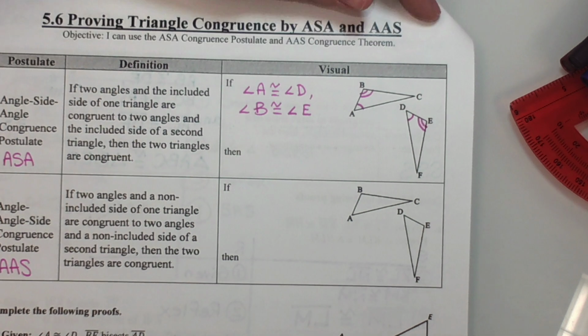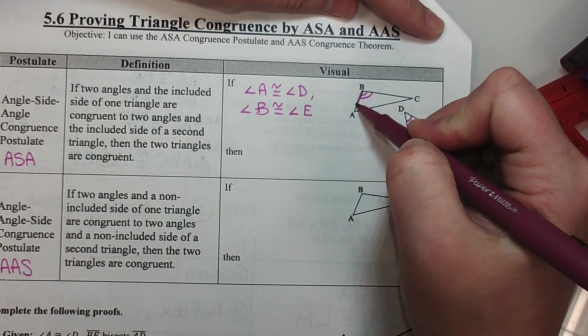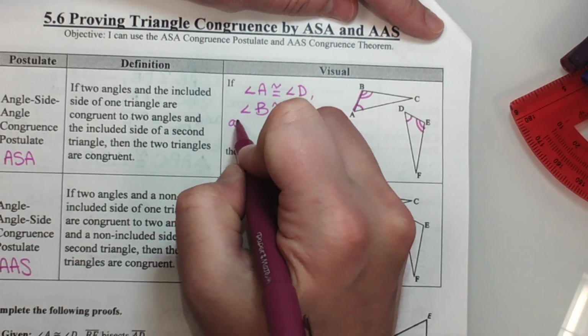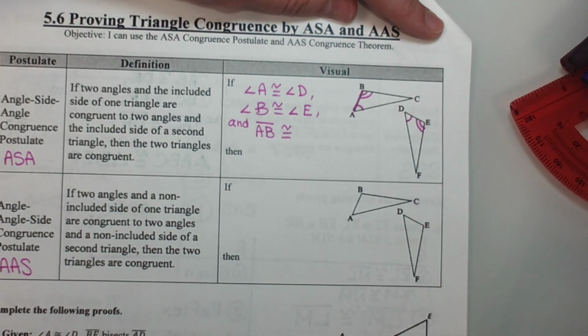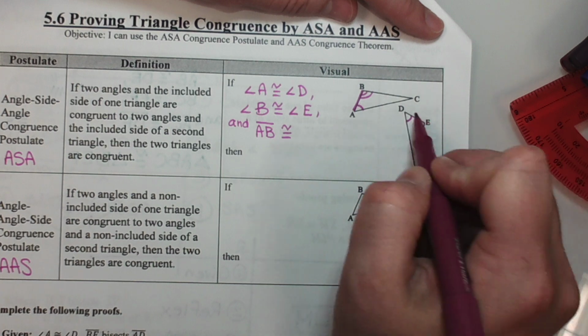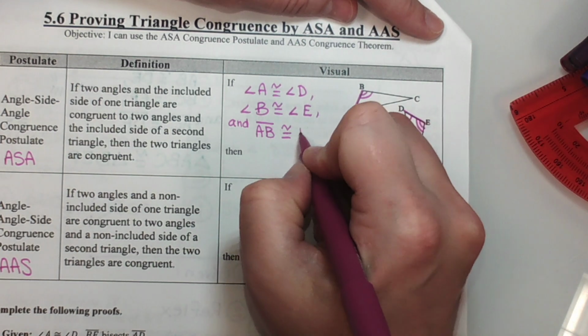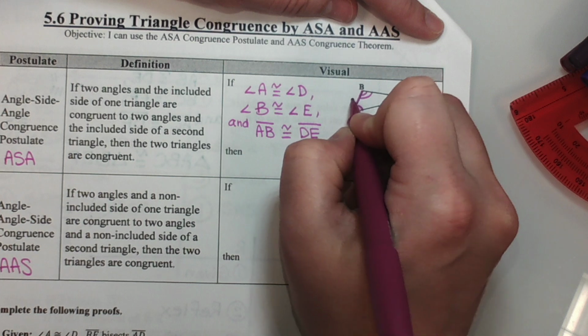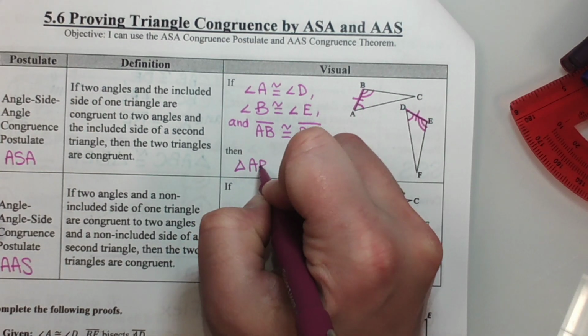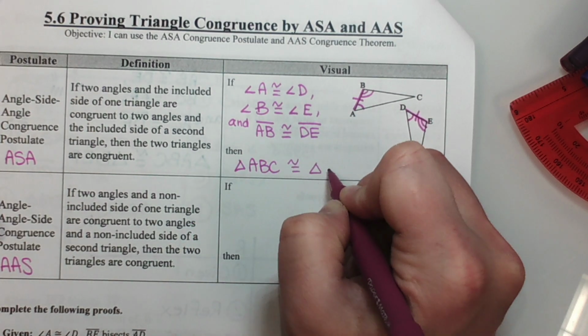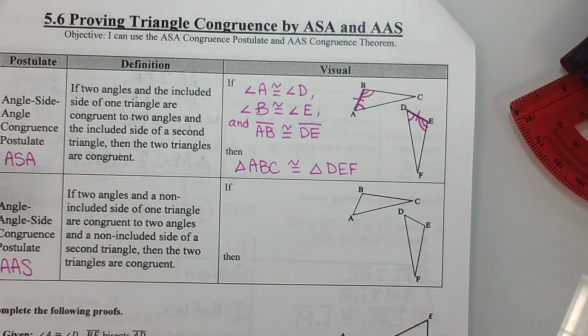The side between angles A and B is the side AB. The side between angles D and E is the side DE. And so the side congruent in this picture is specifically AB and DE because they're between the two pairs of congruent angles. And if that is true, then triangle ABC is congruent to triangle DEF.